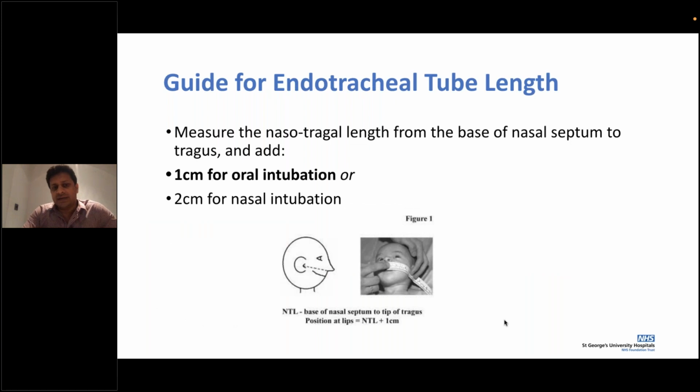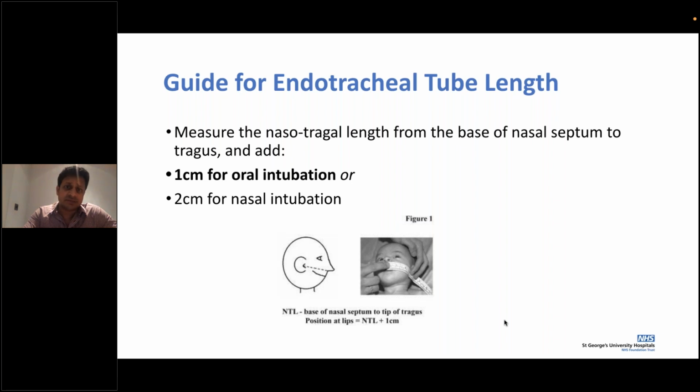Now, a guide to how deep you insert your endotracheal tube. There are rough measurements. All of us have some kind of an app on our phone. Neomate is a very common one, where you put in your gestation or your weight, and it tells you what endotracheal tube and what the length would be.